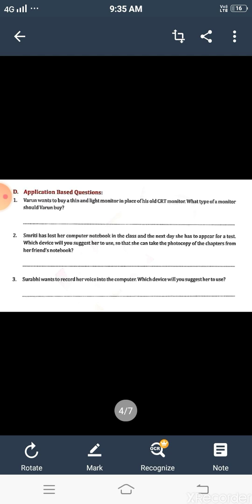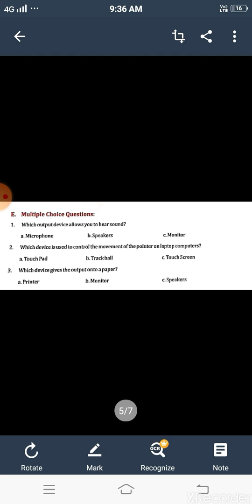Which device will you suggest her to use so that she can take the photocopy of the chapters from her friend's notebook? Answer is printer. Question number 3. Survi wants to record her voice into the computer. Which device will you suggest her to use? Answer is microphone.